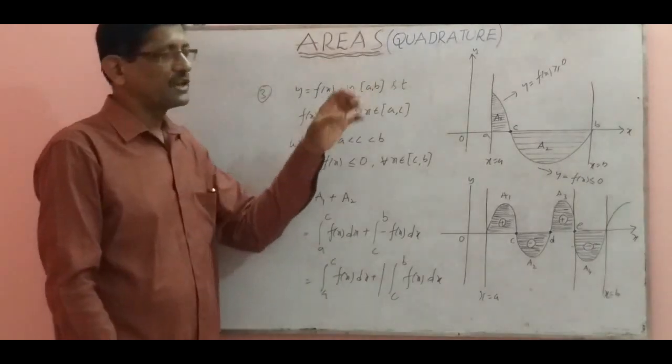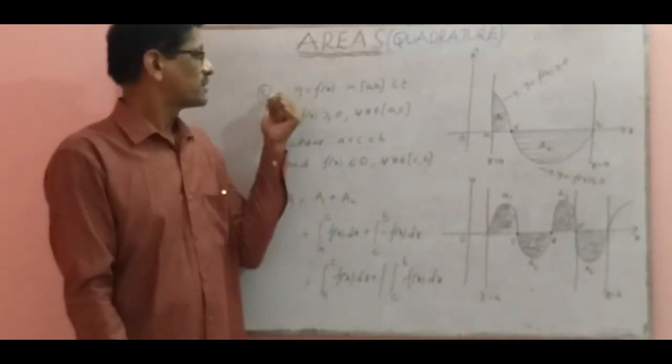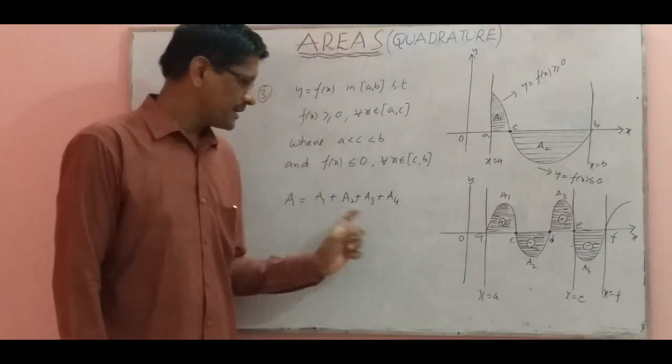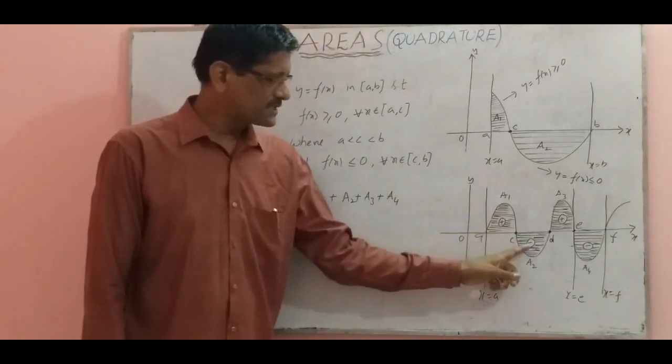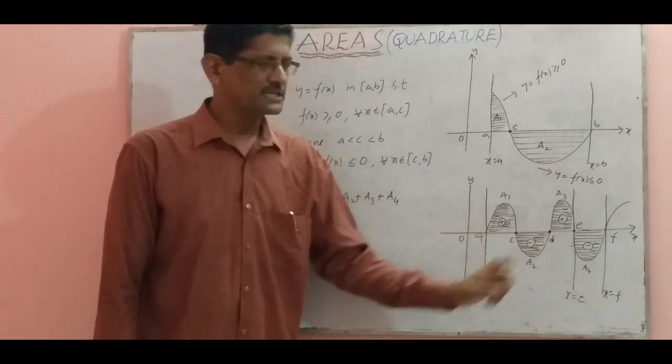So this is the area in the third case. Okay, so see the second diagram. The total area A is equal to A1 plus A2 plus A3 plus A4.